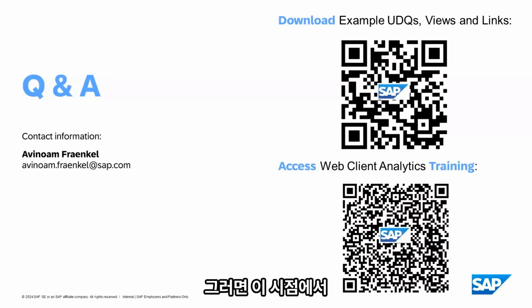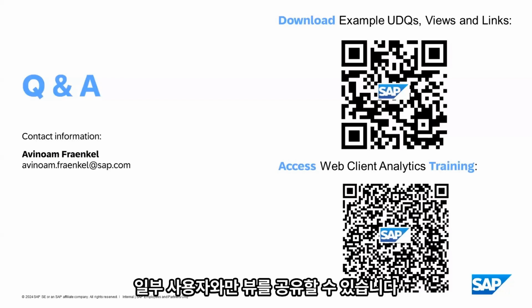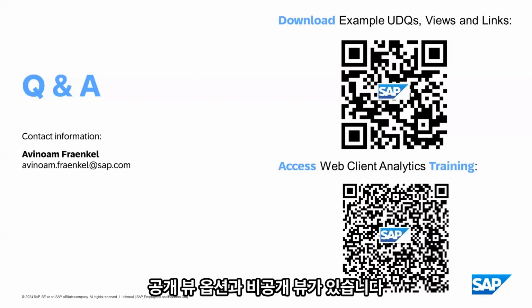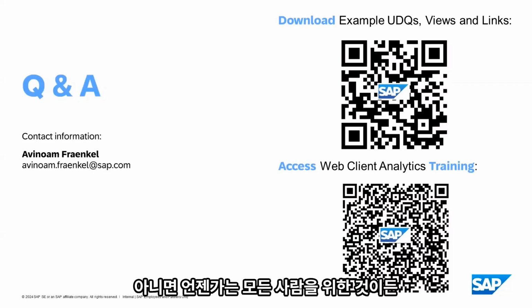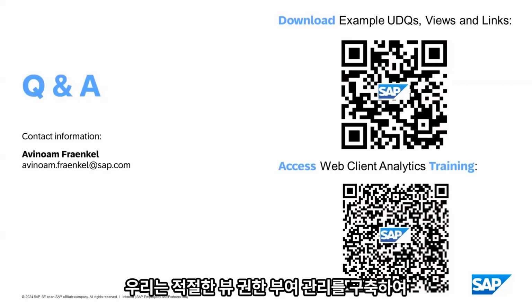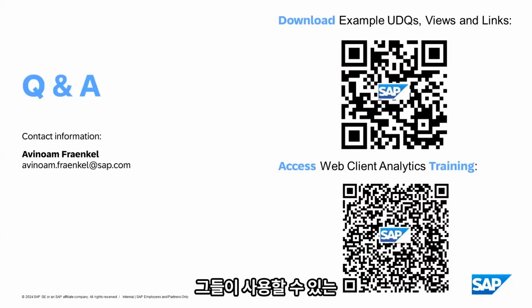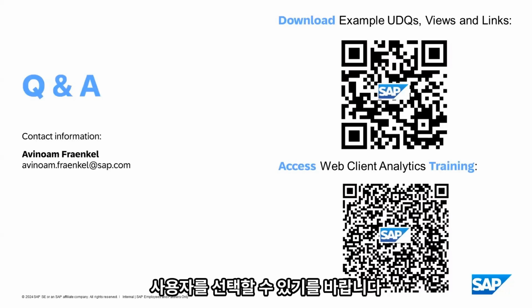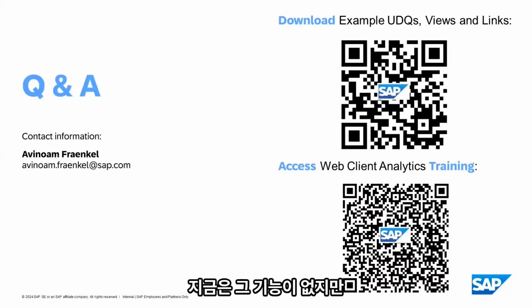Thank you. And then, is it possible to share views only with some users? At this point in time, we have a public view option and a private view. So it's either just for me or it's for everyone. At some point in the future, I hope we will be building proper view authorization management, so we can select users that they are available for.